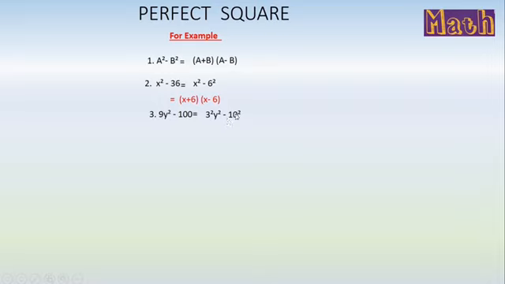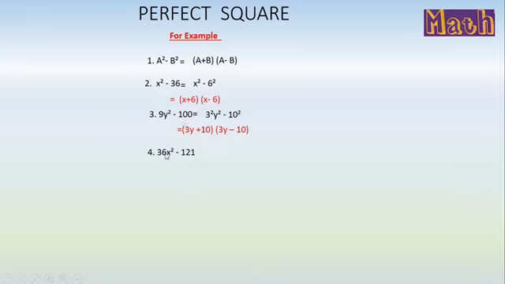To move further, I pick the 3 and the y without the square on top, and the 10 without the square on top, to have 3y plus 10 in brackets, then 3y minus 10. When you expand this, we will get back to 9y squared minus 100.